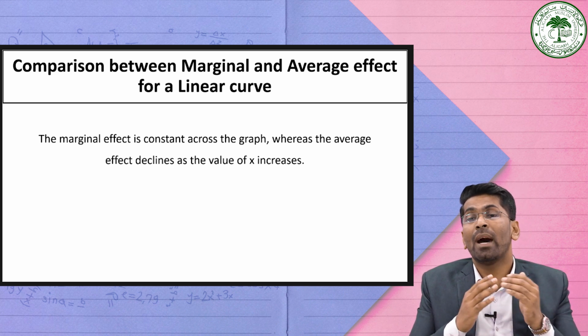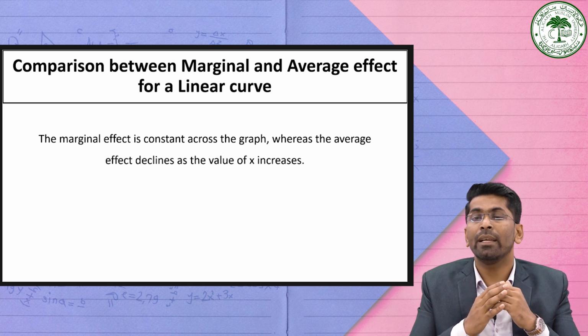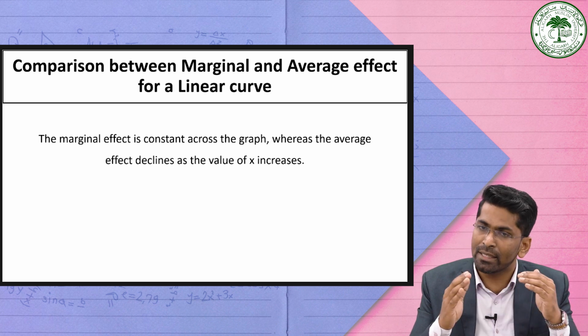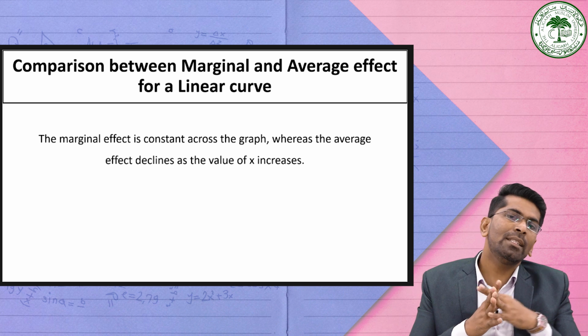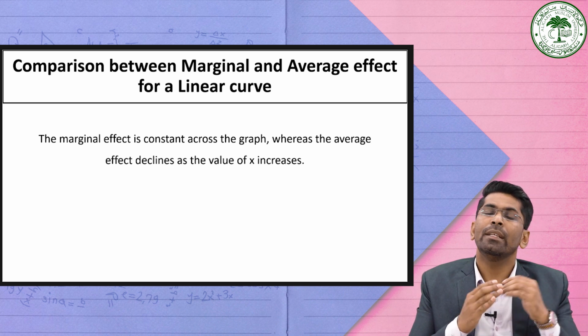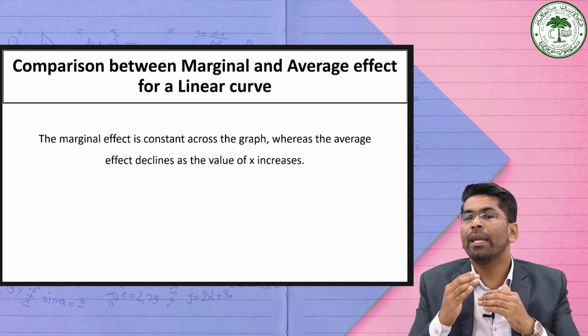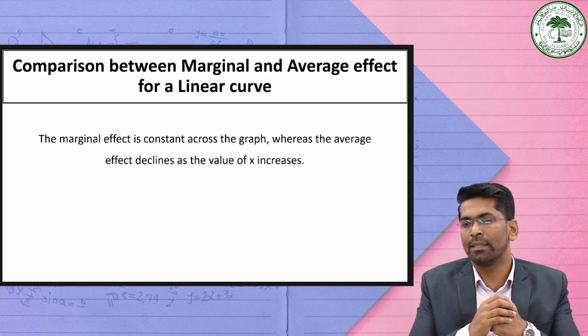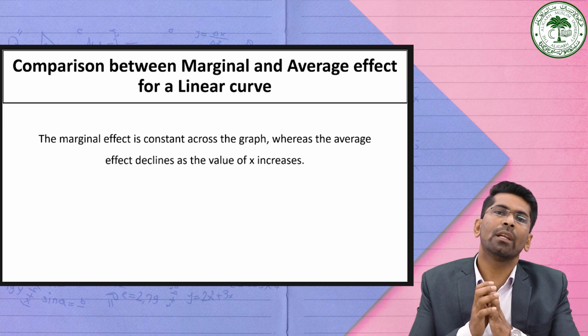Thus the marginal effect of consumption is constant in a linear consumption function, whereas the average effect of a consumption function is declining as your income increases. I hope it was clear to you.